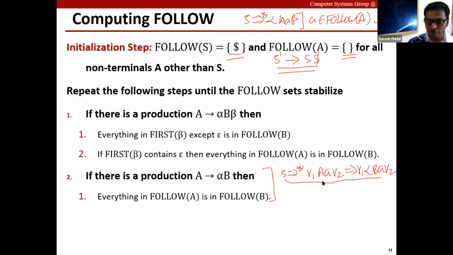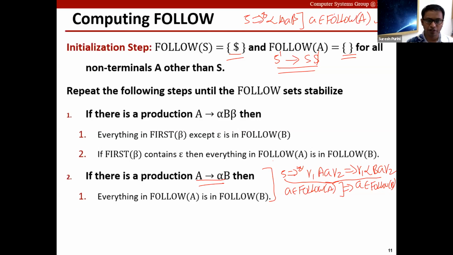So from this whole derivation, this implies that if we have a production like this, and if a belongs to follow of A, then a belongs to follow of B. This is the first observation.